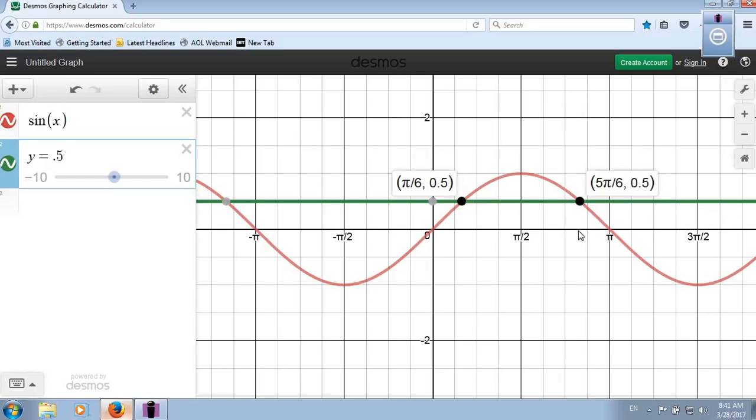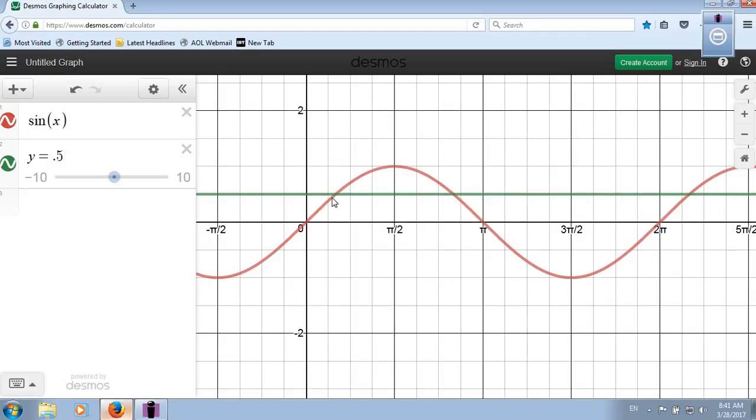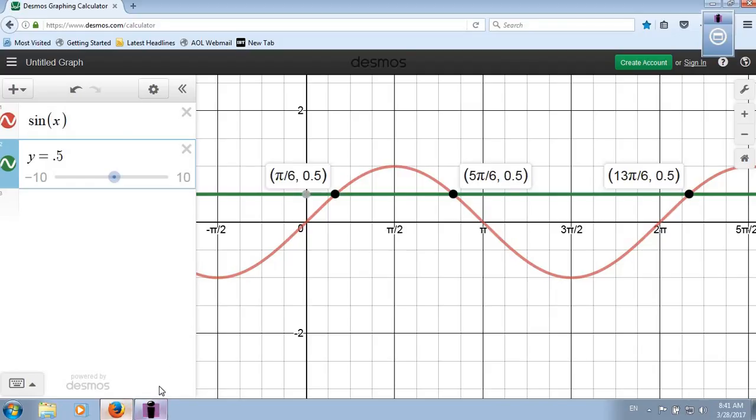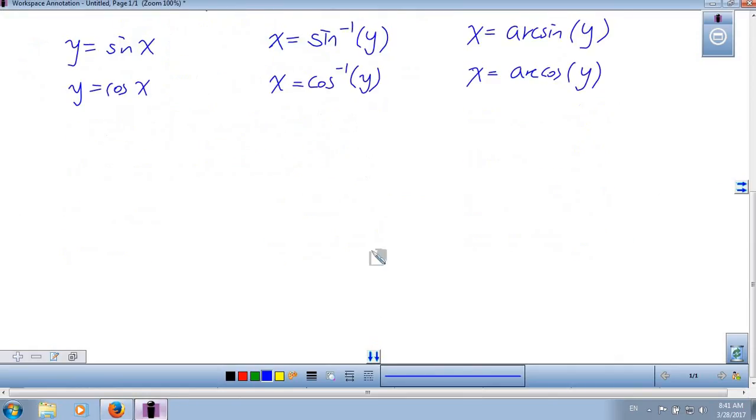If I put in 5 pi over 6, I also get 0.5. And it actually keeps going, so I can have more. It goes to 13 pi over 6 as well. So pi over 6, 5 pi over 6, 13 pi over 6 all give me 0.5 as output. Let me show you as a diagram here.